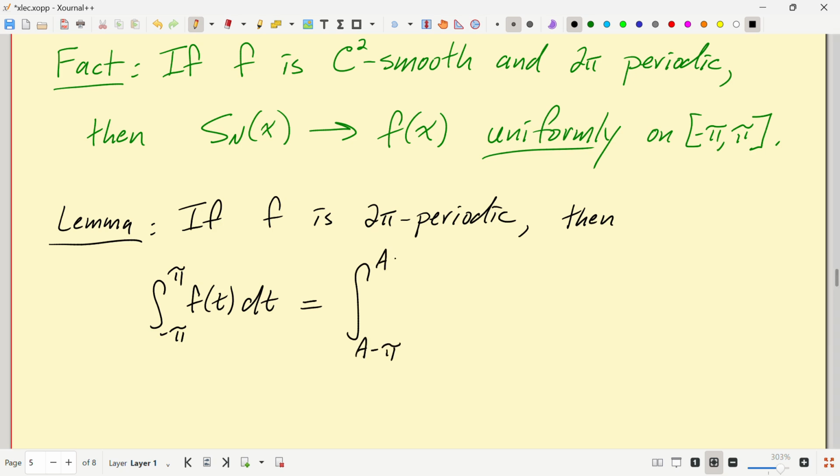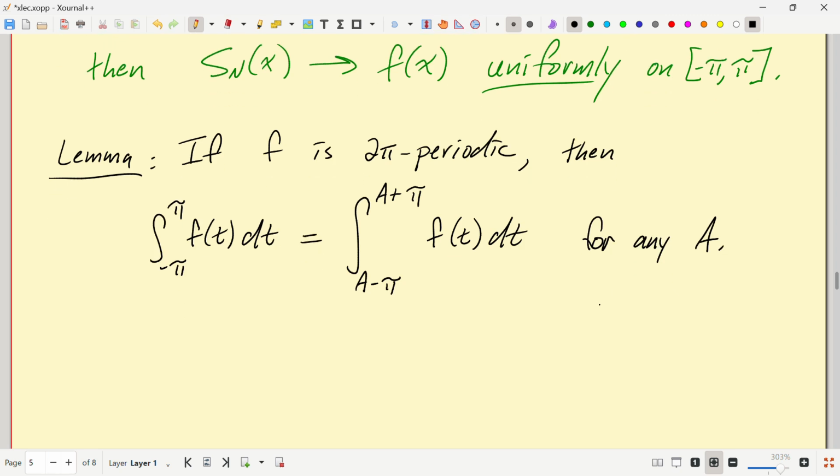It doesn't matter what interval you integrate on. It just has to be length 2 pi. Okay, the proof of that is easy.